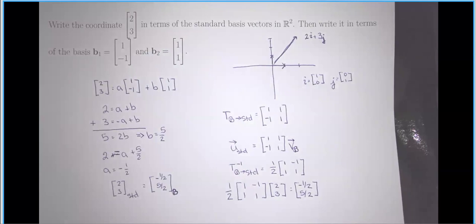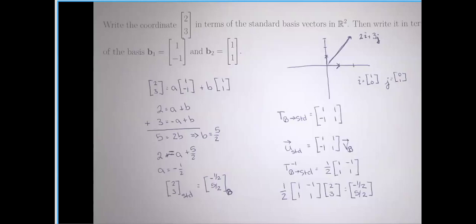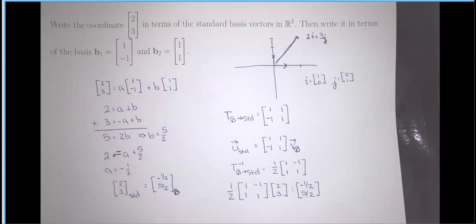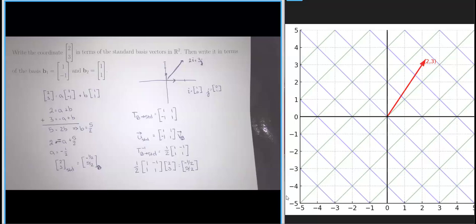If we want to look at this in a diagram, what we have here is our vector 2, 3, written in terms of our standard basis. The green and purple represent the alternative basis.